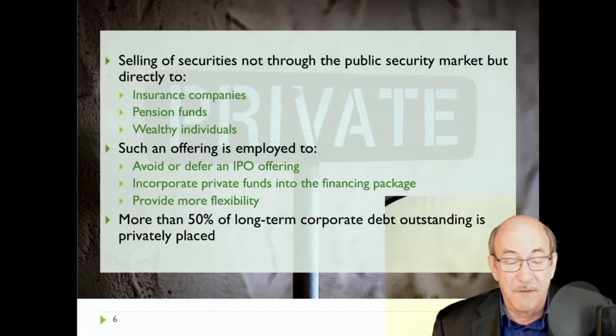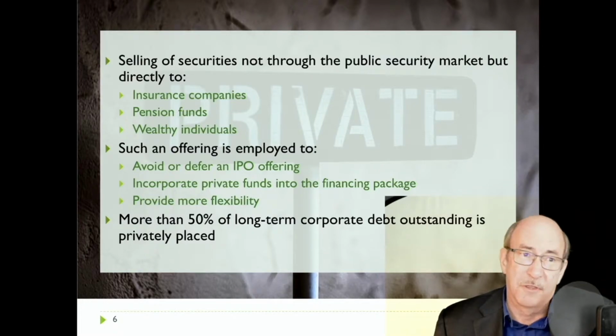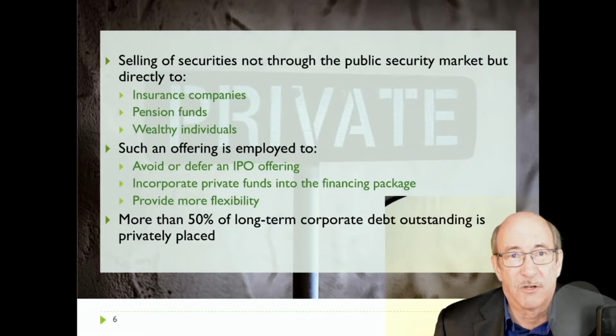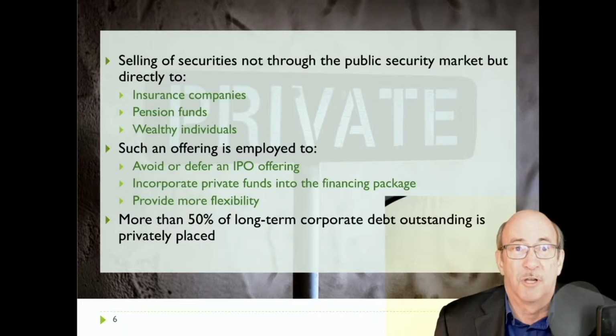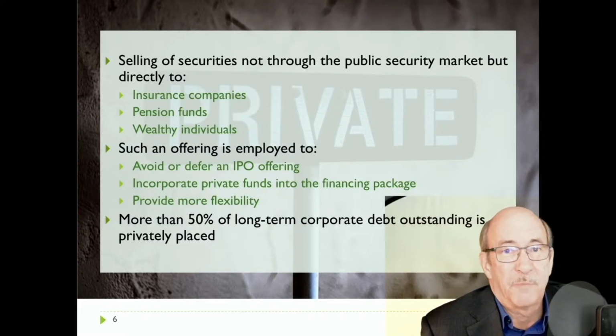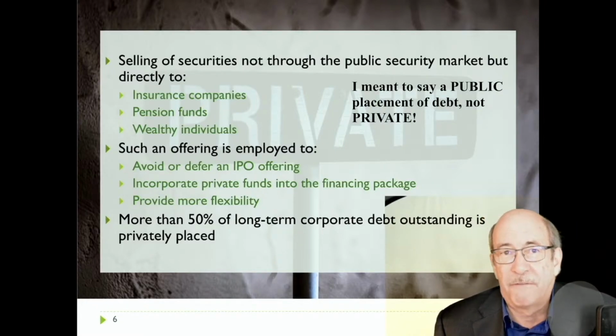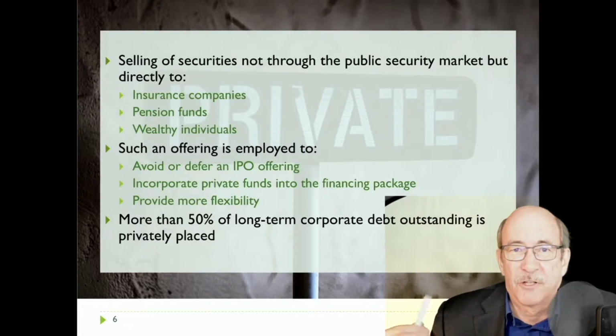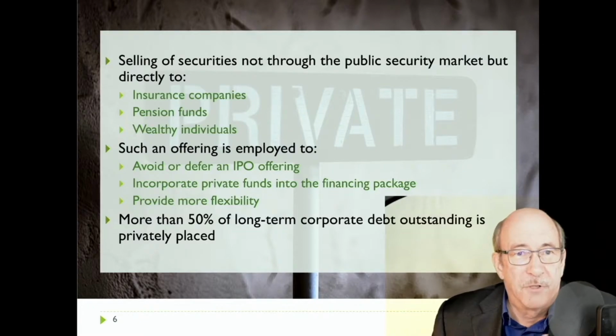So they avoid doing an IPO, or there could be private placements even after an IPO of additional securities from a firm. They give the firm a lot more flexibility. And by that, I mean, in particular, if you do a private placement of debt and you have thousands of bondholders, it's very difficult to renegotiate or to transmit private information if your company runs into difficulty.